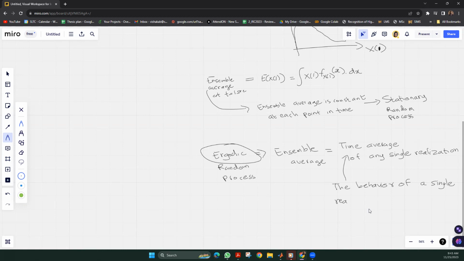The behavior of a single realization is representative of the statistical properties of the entire ensemble.